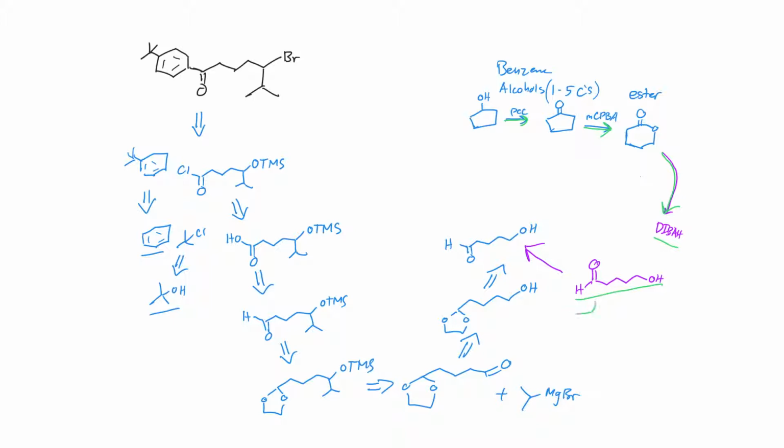And my desire then is to take it to here. I can protect that using ethylene glycol and catalytic acid. And then I want to create the aldehyde, so I'm going to use the Swern oxidation in this case to oxidize the primary alcohol to the aldehyde. I can make my desired Grignard from isopropanol.